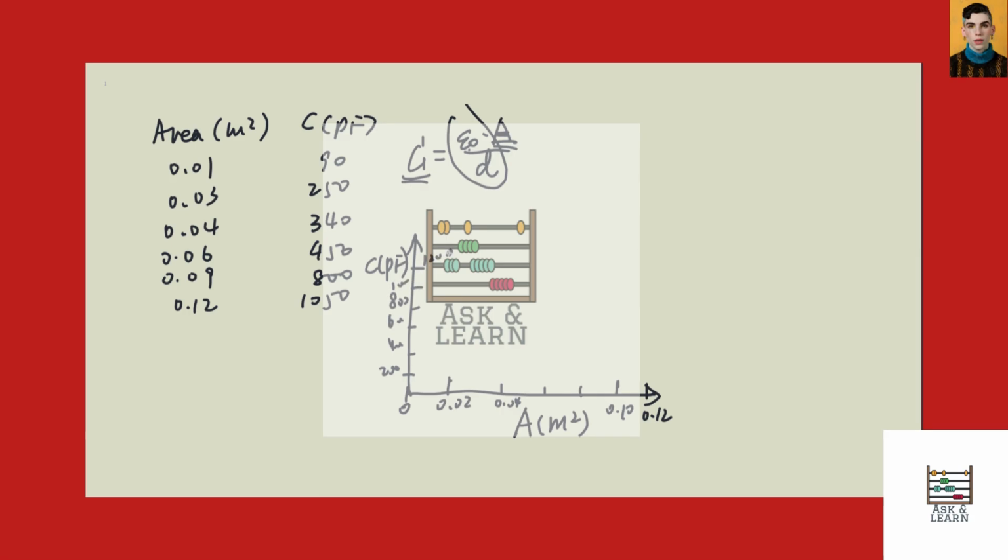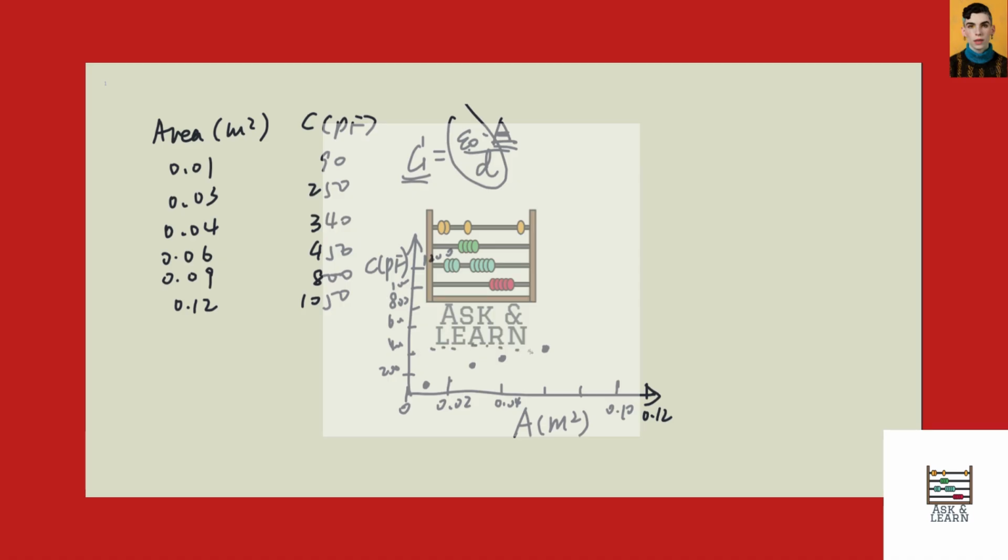What you do is you plot it. You say 0.01 corresponding to 90, and this point is roughly here. 0.04 is 340. 0.06, a little bit over 400, 450.